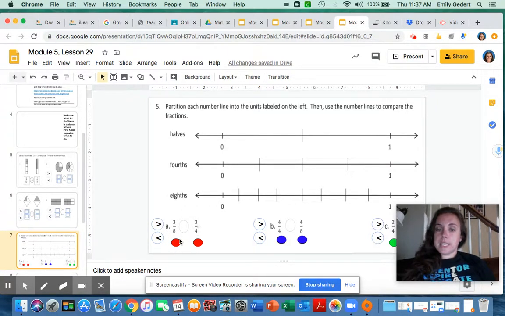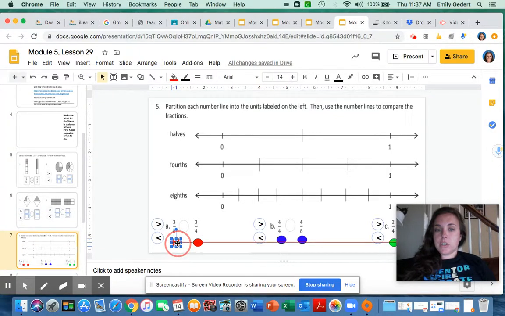One way to do this easily is to grab these colorful circles and put them on your number line. So 3/8, I'm going to grab this first red circle. Again, you grab it by making it look like the 4-pointed arrow. Click, hold it down, and find 3/8. We've got 0, 1, 2, 3. And now I want to find 3/4.